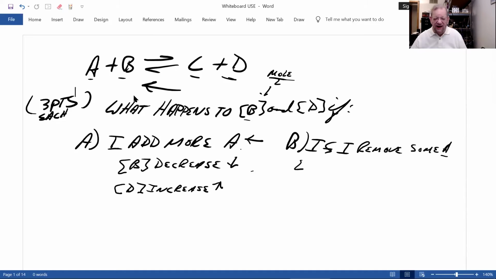What happens to the concentration of D? If it reacts, it's consumed. And just like the pie, you eat half the pie, do you have more or less? You have less. So if you consume D by reacting C and D together to make more A and B, because you need to make more A, the concentration of D decreases.